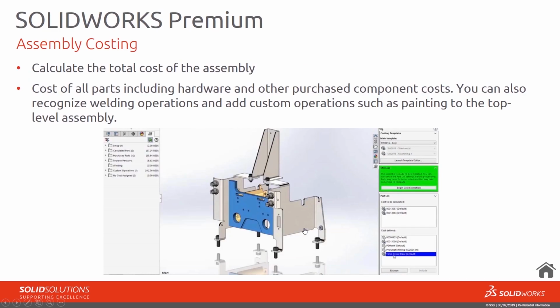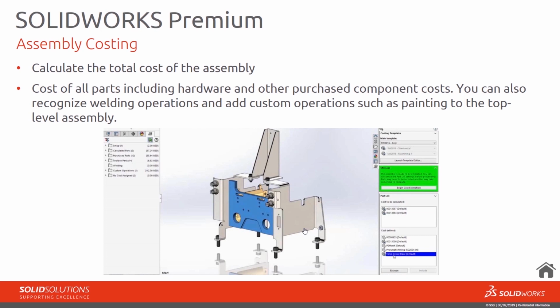We've then got assembly costing. Now we've got costing obviously in professional, as I've already pointed out, but that's just for single components, that's for single parts. Down in premium, we can do that on the entire assembly. So that means that we're able to also include the cost, sorry, of other parts in the assembly, but also things like the purchased components as well.